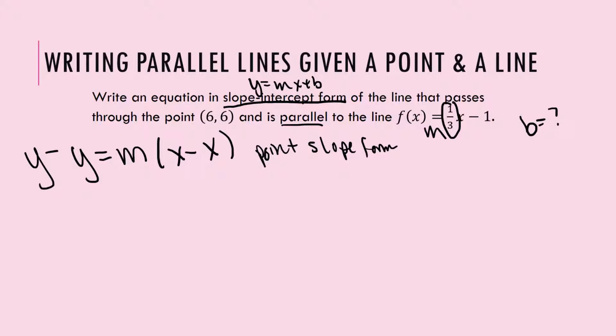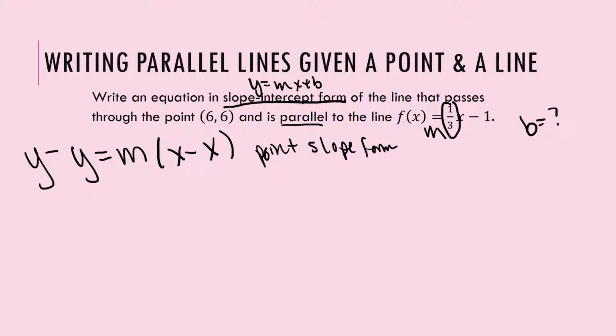So when you solve these problems, how we did example number 1, you can solely use slope-intercept form and plug in m, y, and x and find b, and then at the end plug in m and b for your final equation. Or you can find the equation of this line using point-slope form, and I'll show you what I mean.